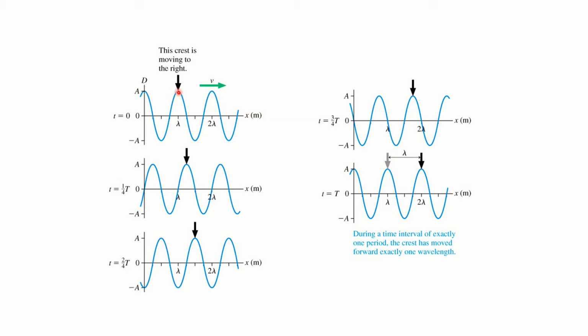The crest has moved a certain distance we call lambda, the wavelength, in that period of time. So the wavelength is defined as the distance traveled during one cycle of motion.